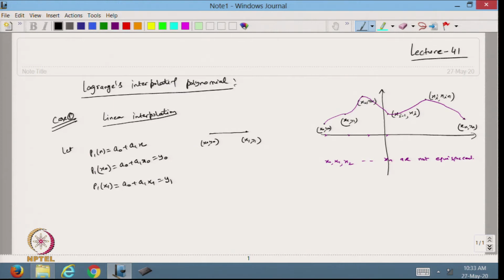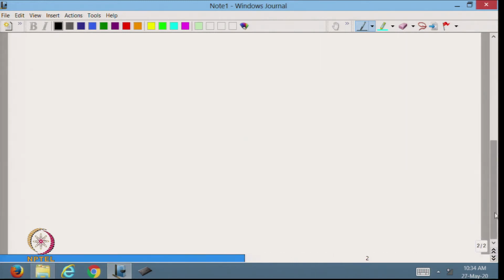These are the 2 equations I get, and they can be written as a system of equations in matrix form: the matrix with rows 1, x0 and 1, x1, times a0 and a1, equals y0 and y1 on the right hand side, which are known to us. This is the system I want to solve for linear interpolation.